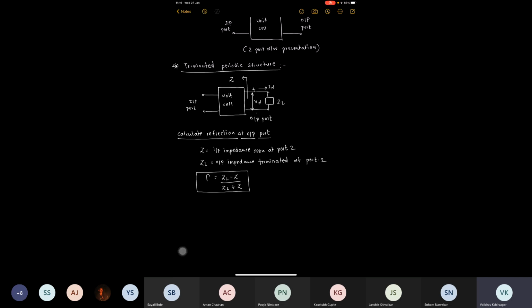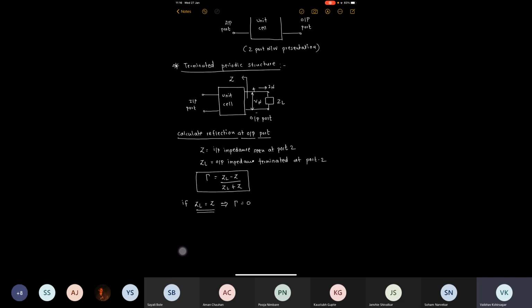So this is a simple way to calculate the reflection that could take place at the terminated output port of this unit cell. Now remember that if the load impedance ZL becomes equal to Z, the reflection comes out to be zero. That indicates all of the signal you supply at the input port will reach ZL without any reflection, provided ZL is kept equal to the input impedance seen looking into port number 2.